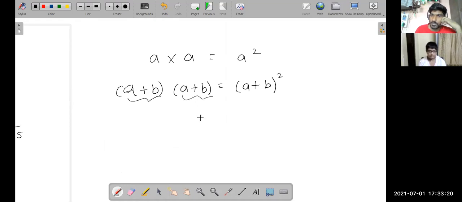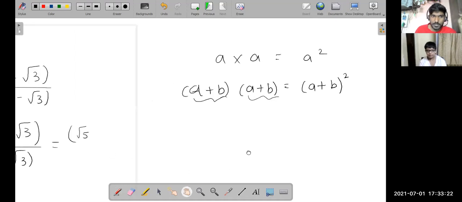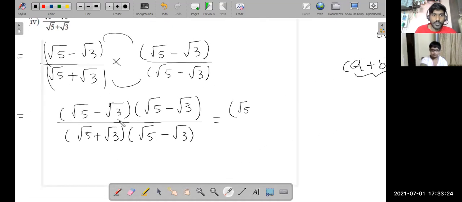Yes or no? So here, both of them are the same bracket, so it will be root 5 minus root 3 whole square. And now the denominator.